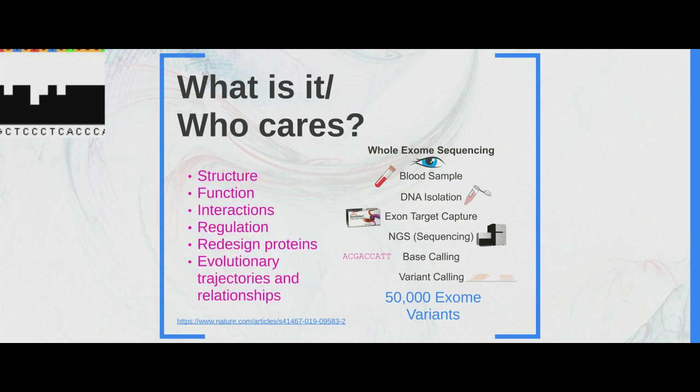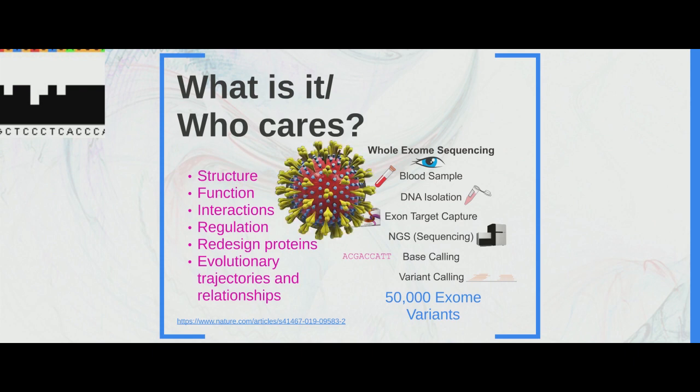But in addition to that, people use comparative genomics to try to figure out structure and function, interactions between different genes or even regions within a gene, and how genes are regulated. You can use it in the synthetic biology realm to redesign and build proteins. And of course, you can ask a lot of evolutionary questions like trajectories and evolutionary relationships between different things. Not untrivially, for virus-related research, viruses are quite hard to study, and one way that we can effectively study them is to use comparative genomics to ask how different strains of viruses are different.